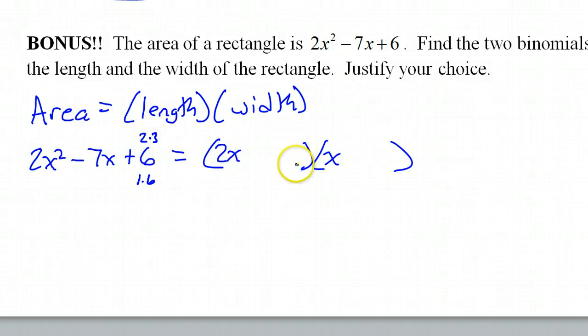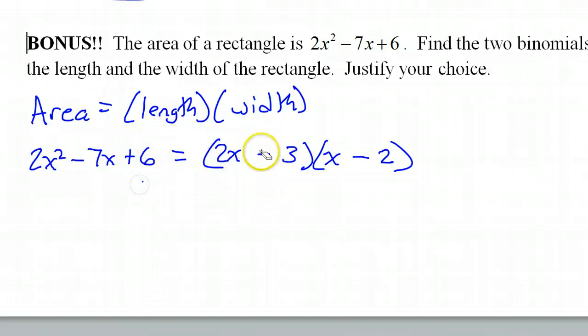I definitely won't put 2 here because that would make a common factor with this one, so I will try the 3, 2 option. Now inner gives me 3x, and outer I have 4x. I'm trying to get negative 7 in the middle, so I would need a negative 3x and a negative 4x, which would give me this. And a negative times a negative is a positive, so that will make positive 6. So this is the factored form.